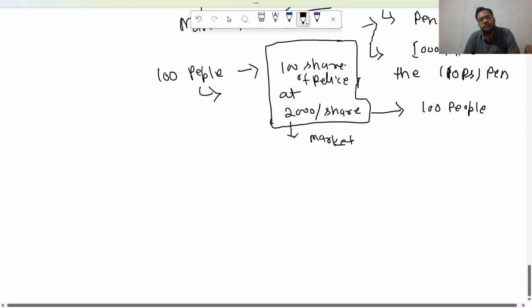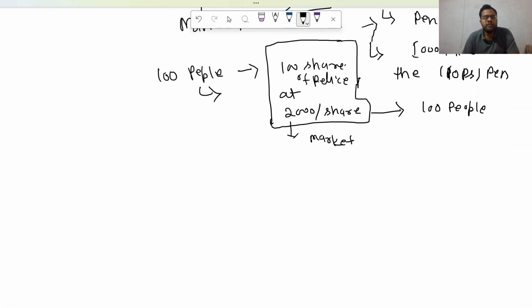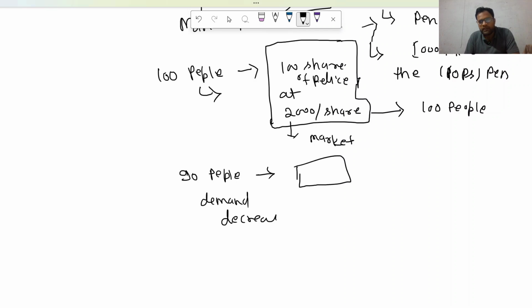Try to understand how these interactions give rise to the market price. Here, the market price of a particular Reliance share is 2000 rupees. Let's say in a scenario where only 90 people are willing to buy the same share, it means demand decreases. But on the other hand, 100 people are willing to sell.